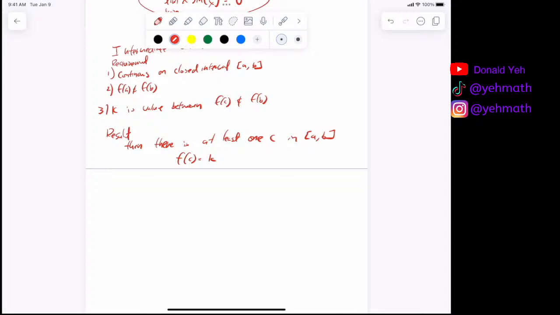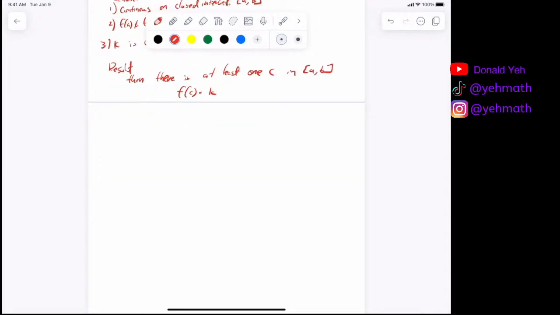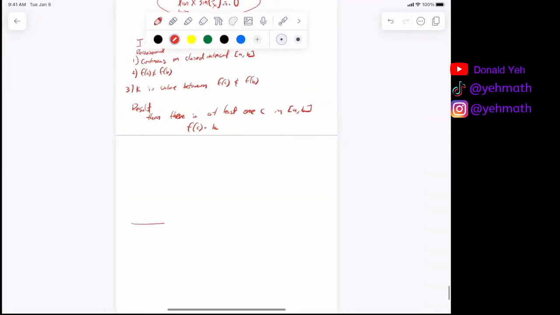So what is this saying? It's saying if I have a here and a b here, and f(a) is here and f(b) is here, and k is somewhere in the middle, and you start out here, you end up here.